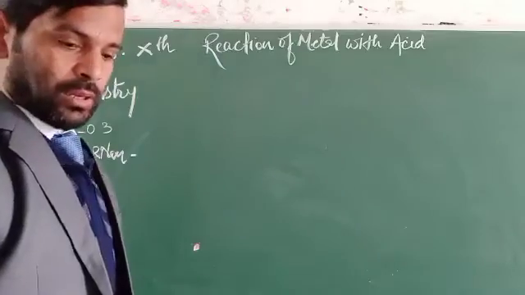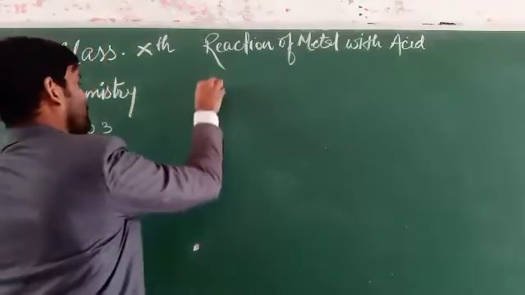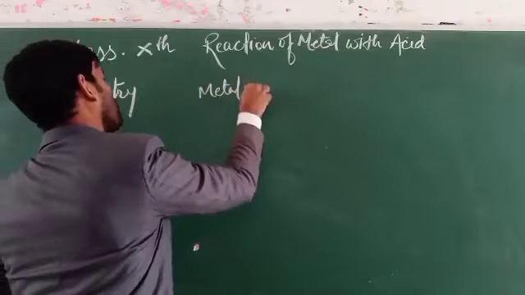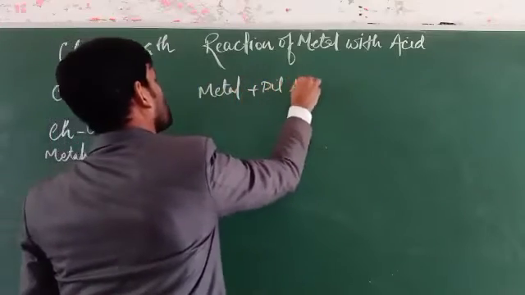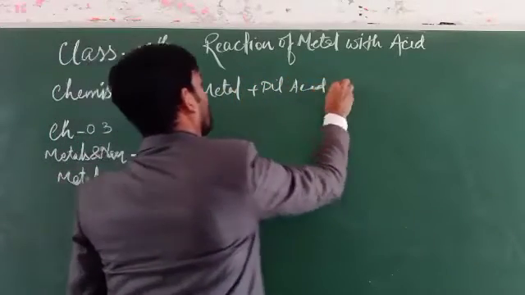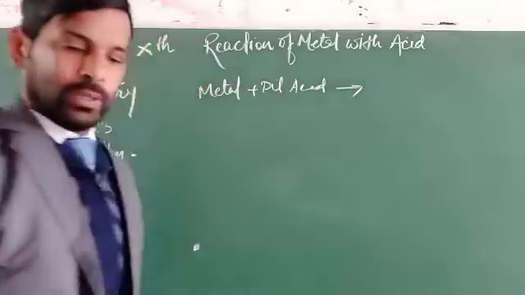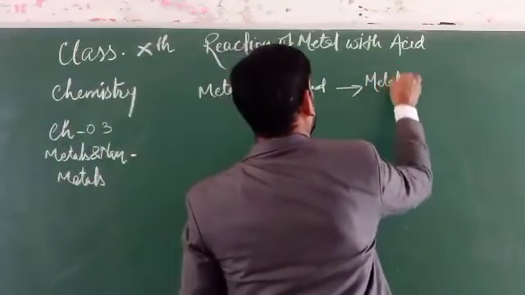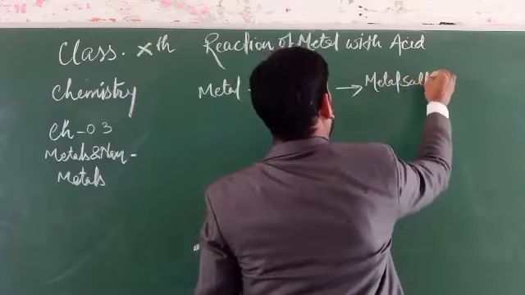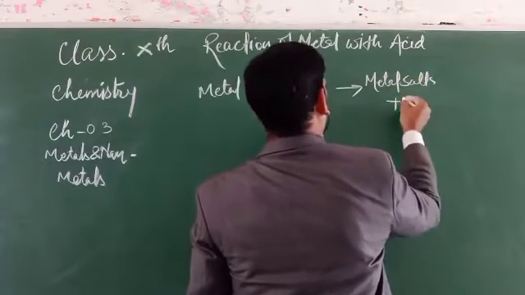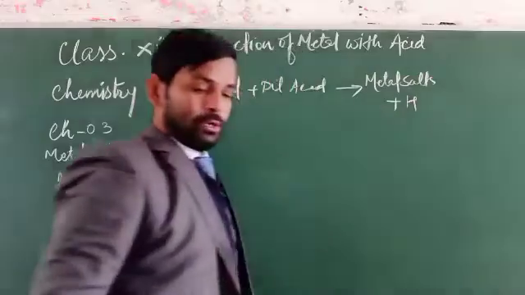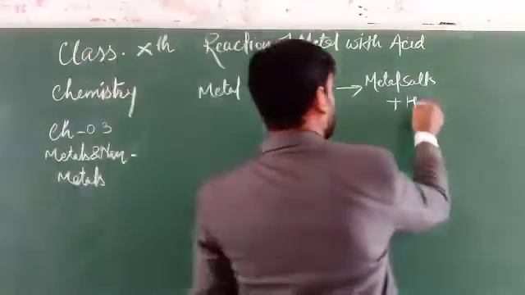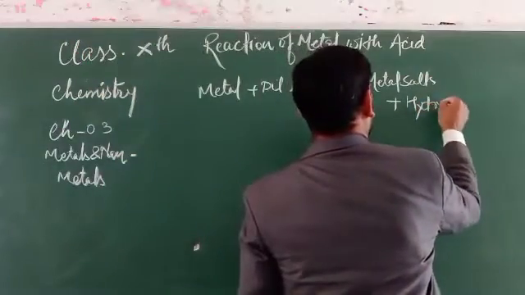How does the metal, when reacted with dilute acid, give metal salt plus hydrogen as the result?